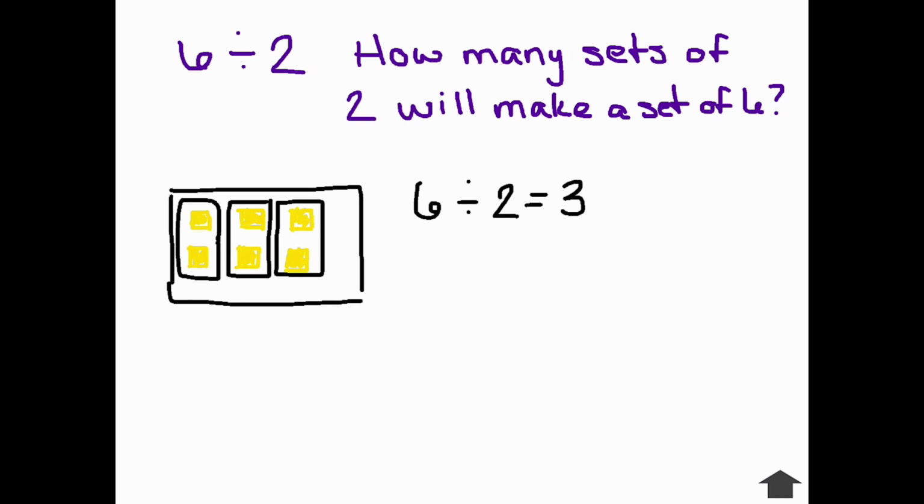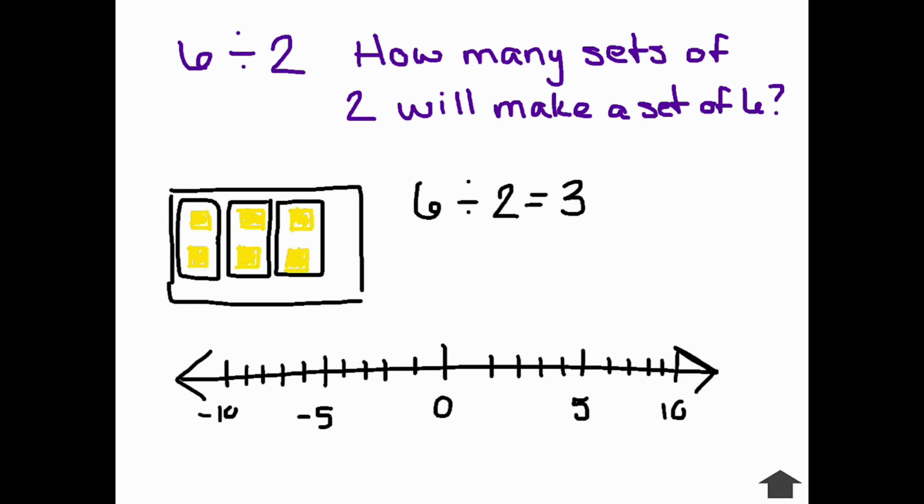We can also show this on the number line. I know that 6 is what I'm trying to get to, and I know that 6 is positive from looking at my original expression. Trying to get to positive 6, I want to add sets of 2 until I get there.